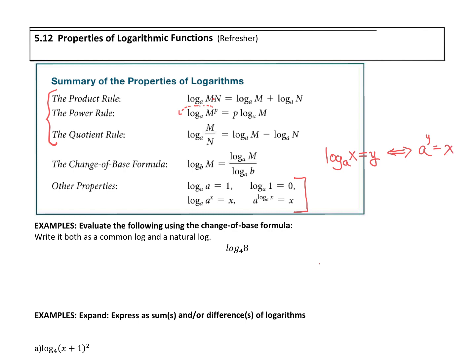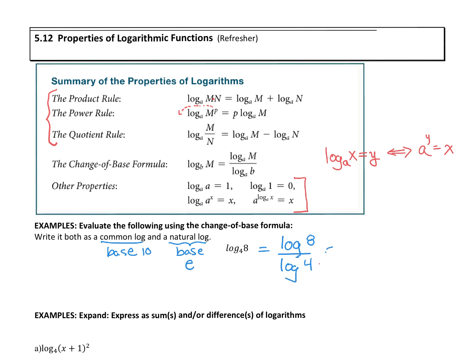So let's do some examples using all of these properties. The first one is to evaluate the following using the change of base formula and to write it as a common log, which is a log base 10, and also a natural log, which is a log base e. So we can write this as log, we don't write the base because it's common, base 10, log of 8 divided by the log of 4.